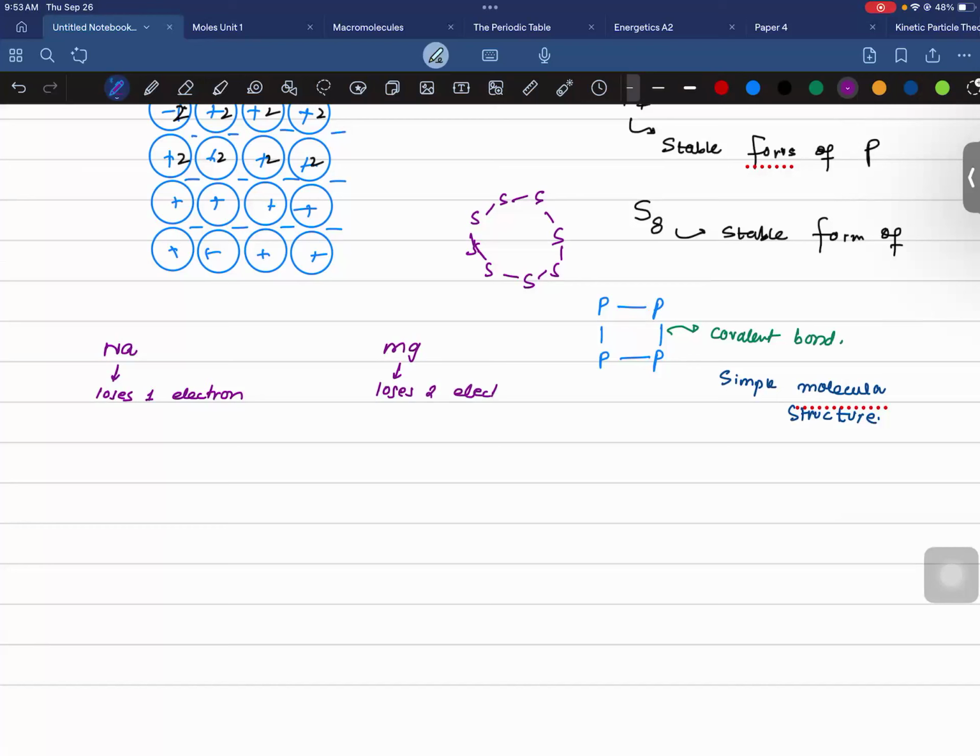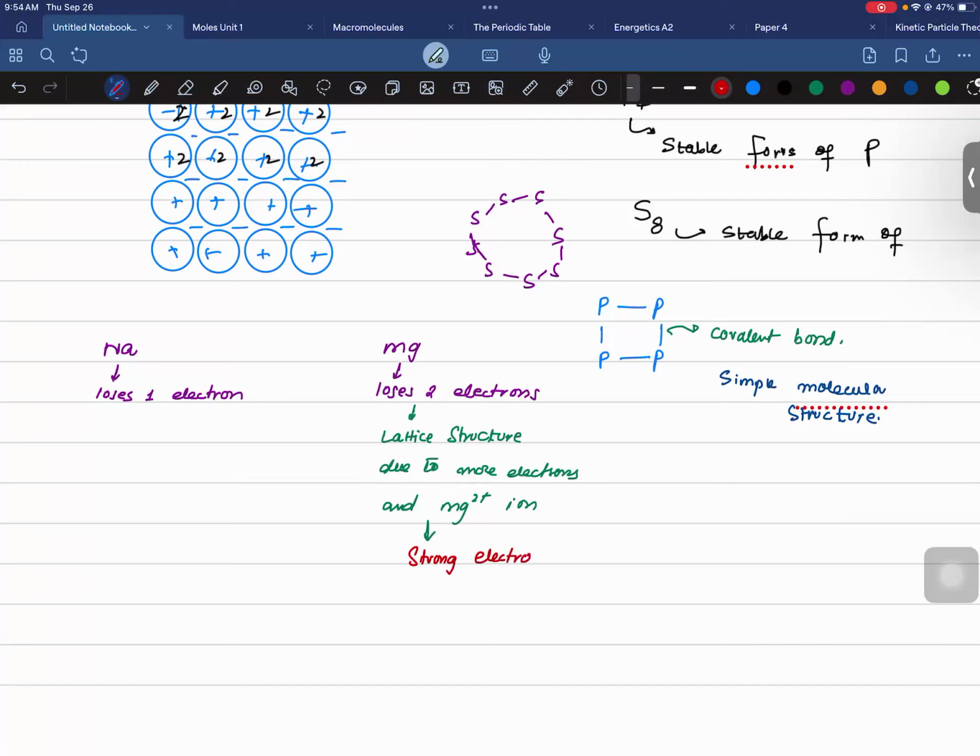So in a lattice structure, due to more electrons and the Mg2+ ion, there would be a strong electrostatic attraction.